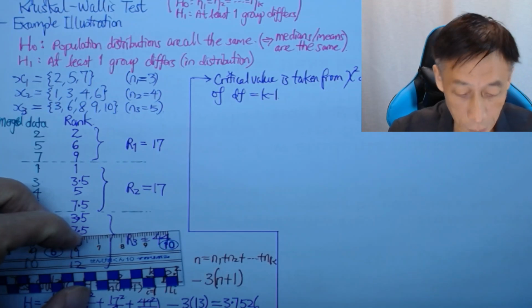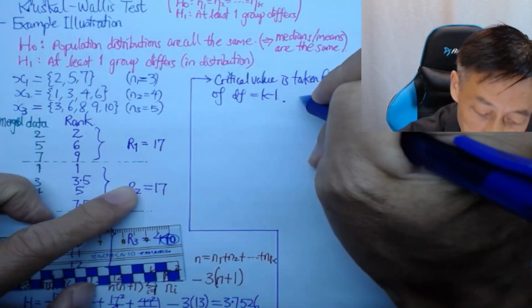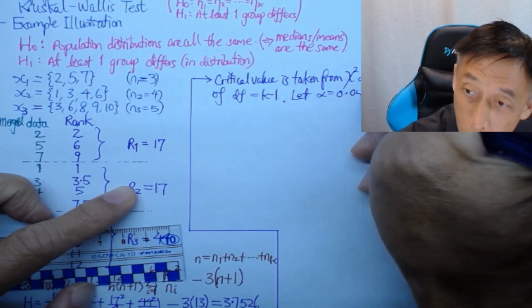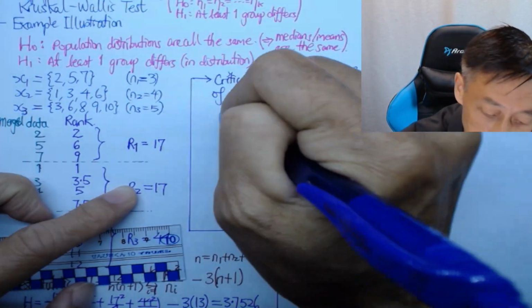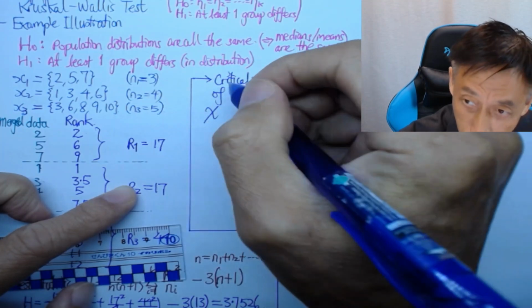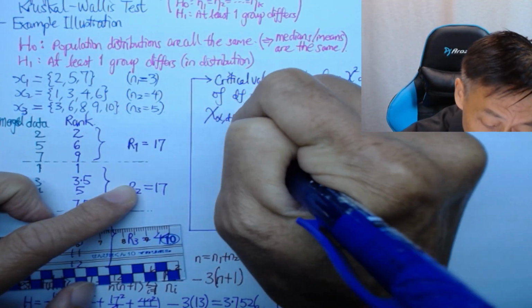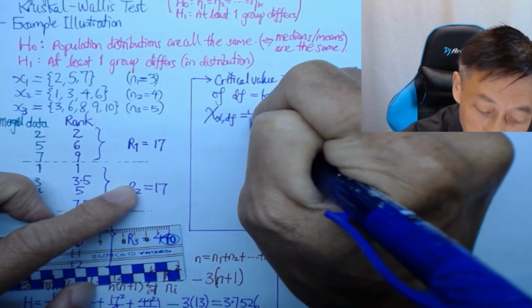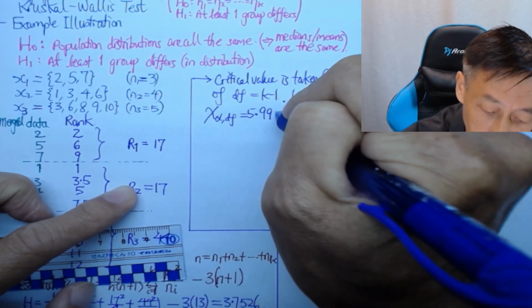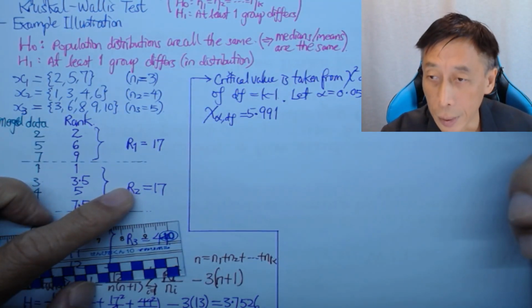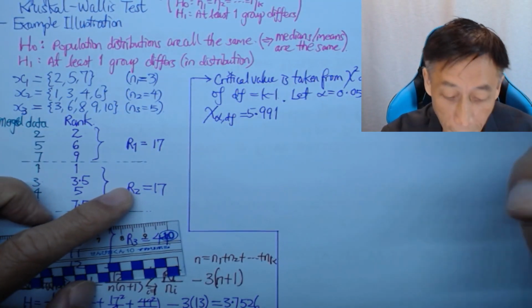Let alpha equal 5%. Then chi-square of alpha, comma degrees of freedom, gives us 5.991, right? And we can then compare, right?